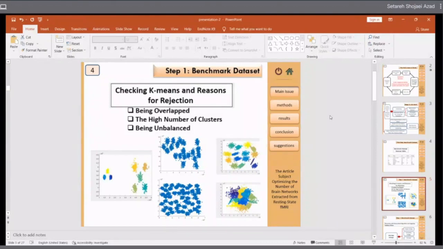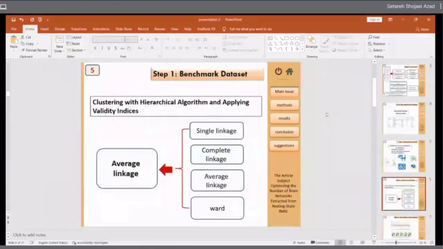hierarchical clustering. In hierarchical clustering, single linkage performed very poorly because it's not suitable for spherical clusters, and complete linkage is suitable for spherical clusters and is less sensitive to noise and outliers, but it didn't work well for the S dataset.